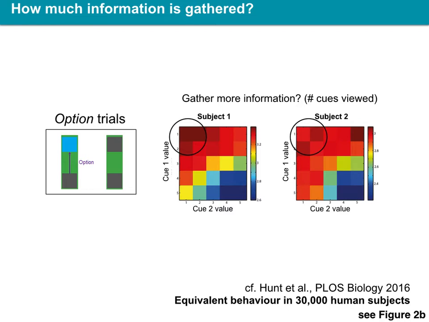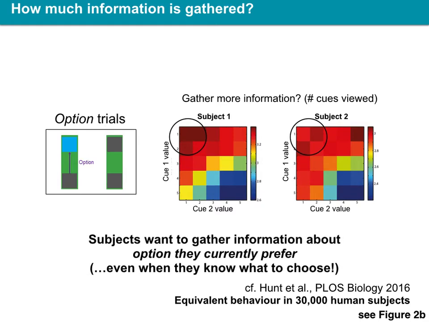And so he could just go ahead and move the joystick and select the other option. But surprisingly, this is actually the situation in which subjects tend to sample the most information. So again, it seems like subjects are wanting to gather information about the option which they're eventually going to choose, even in situations in which he knows which option should be chosen.